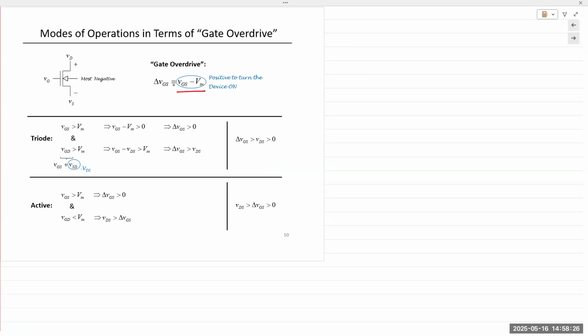In the triode region, it's greater than 0, greater than VDS. In the active or saturation region, VDS is greater than VGS.